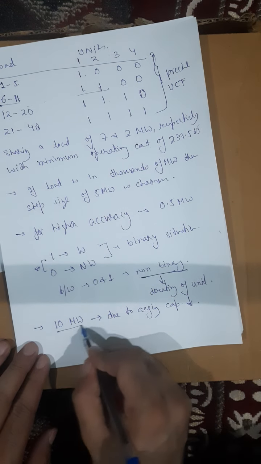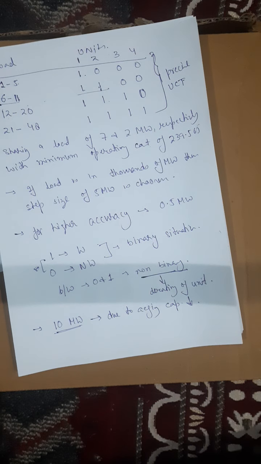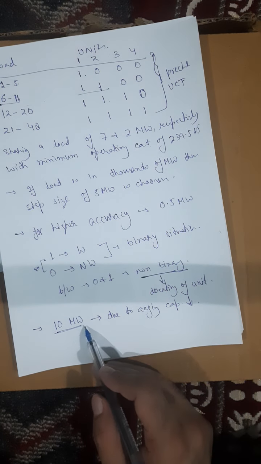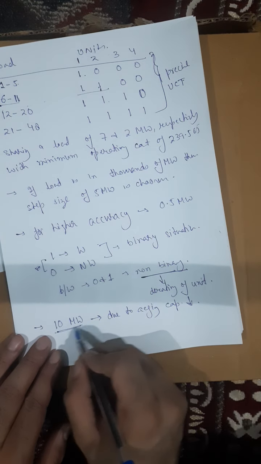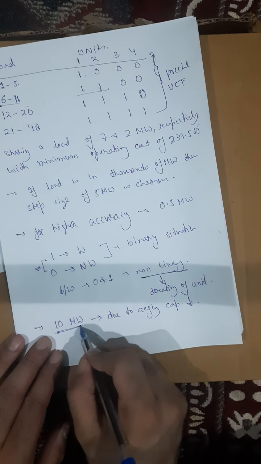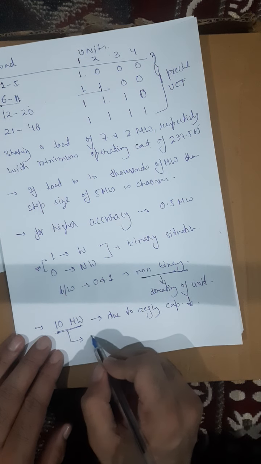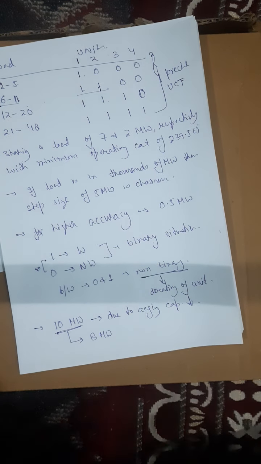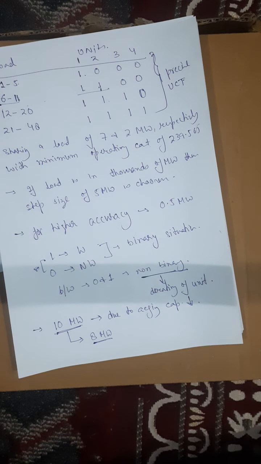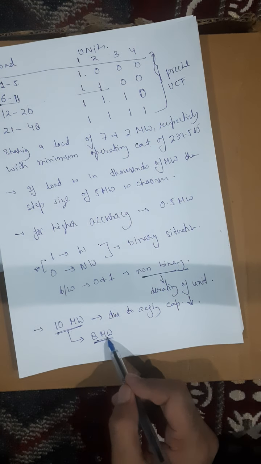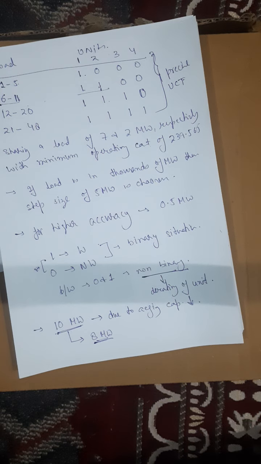Now this 10 megawatt unit, which was designed to supply 10 megawatt when it was installed, after 5 years will not supply 10 megawatt. It will supply, suppose, 8 megawatt. This is called the derating of the unit, because the unit has derated due to aging.